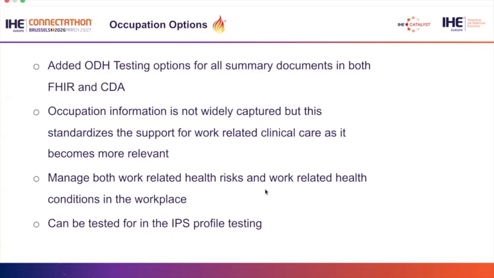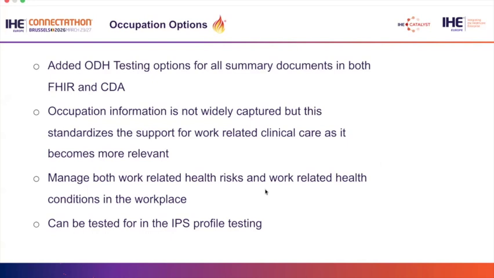It is essentially the structured data for occupation and industry that can be sent in those summary document profiles, primarily in the social history section. While it's not its own specification as much as it's an option, it is supported in both the FHIR and CDA document types as well.